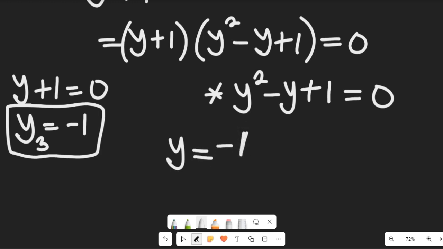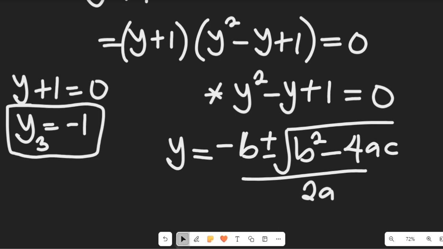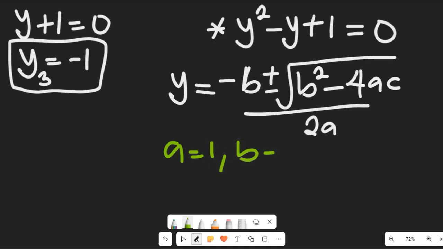Now from that expression, you see that our a is equal to 1, our b is equal to negative 1, and our c is equal to 1.